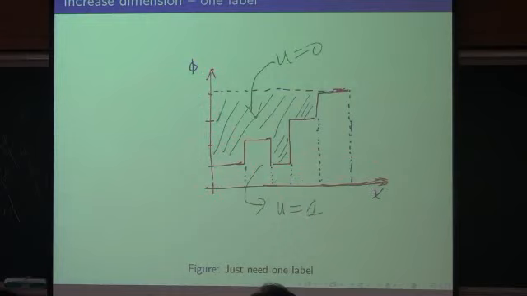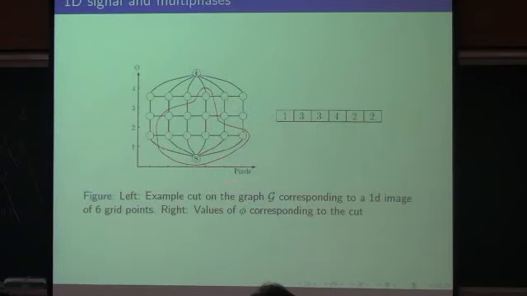That's enough. That's the secret, and that's essentially what this layered graph is trying to do. You increase the dimension by 1, essentially copy the graph several times, and then you get the labels. You get multiple labels.